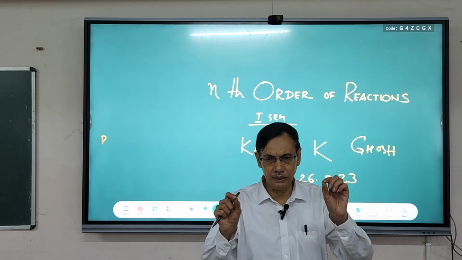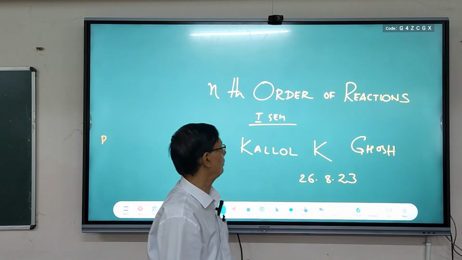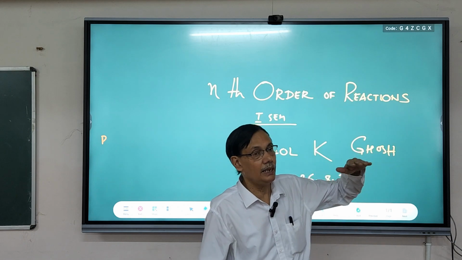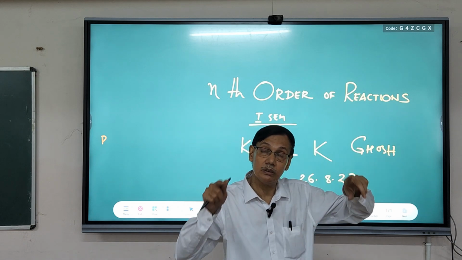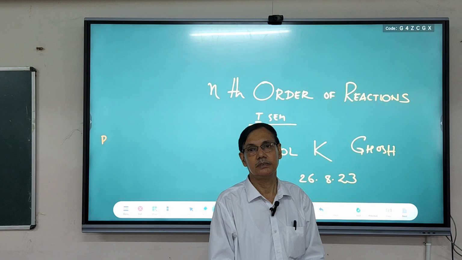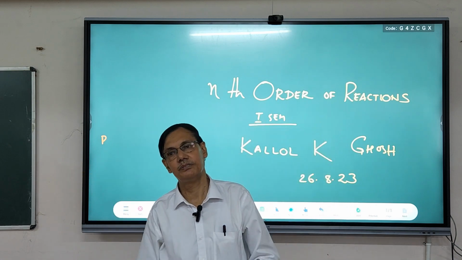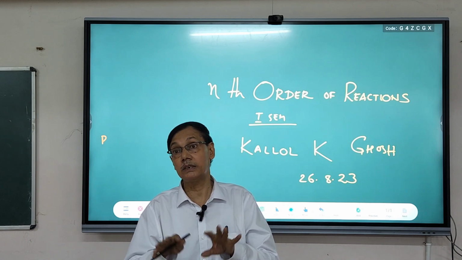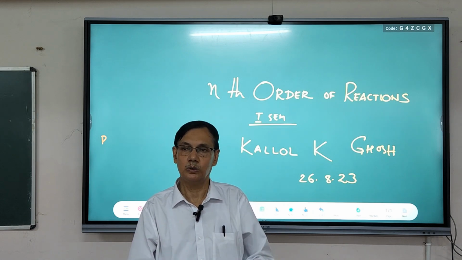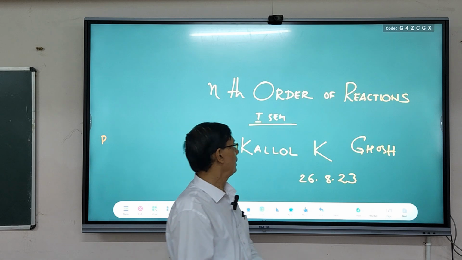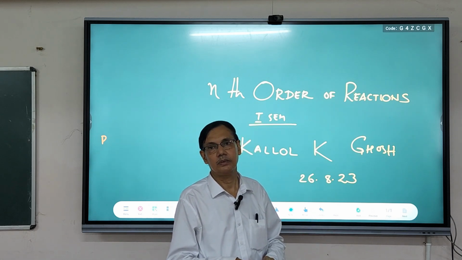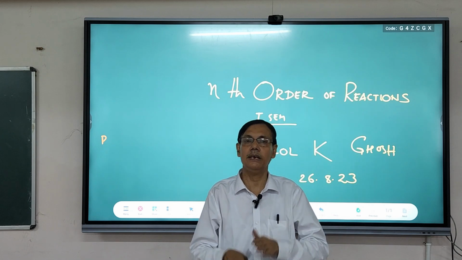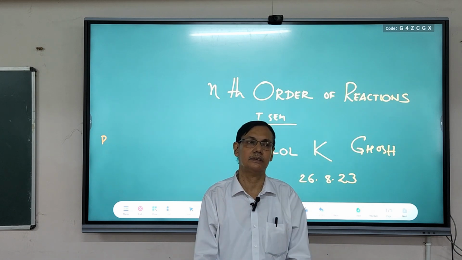And the present definition of this order of reaction is the sum of the powers of the exponential terms of the reactants, which must be specified so that the system can be explained. So today I will discuss a general order of reactions, that is called the nth order of the reactions.